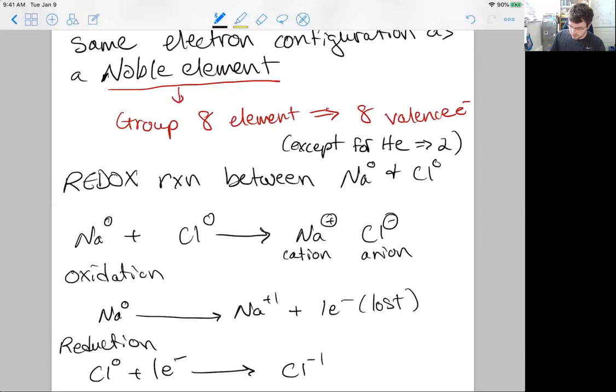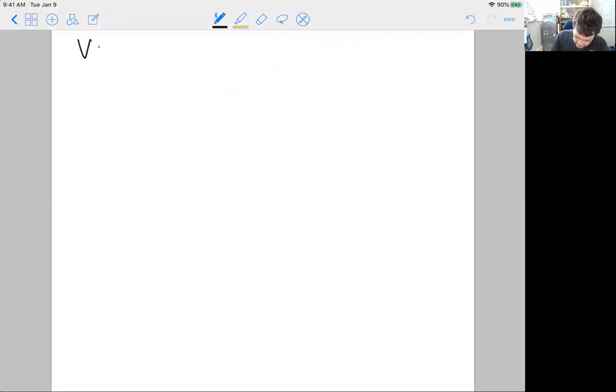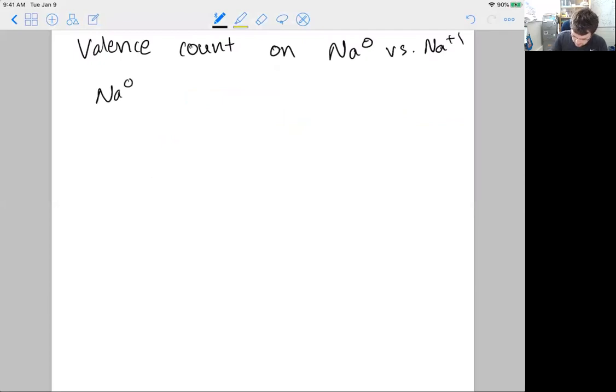But what I want us to recognize is the valence electron count on Na0 versus Na+. For Na0, we could go through the full electron configuration, but it has a 3s1 electron, and this is its 1 valence electron.